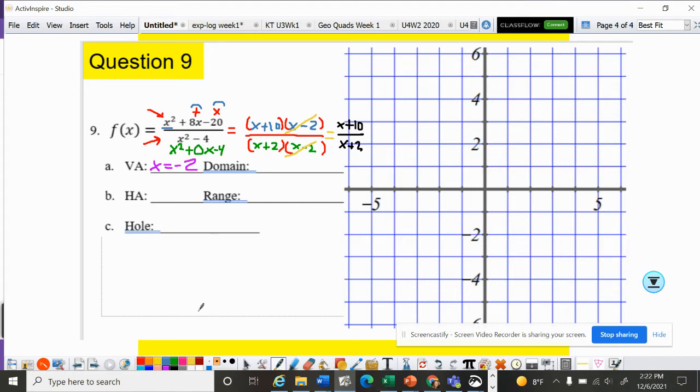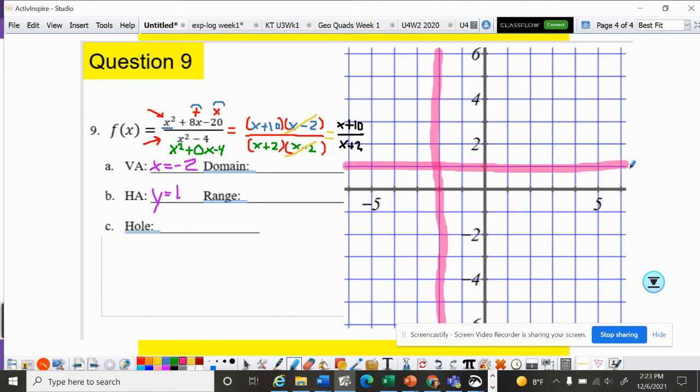So then I'm going to go ahead and draw that in with my highlighter, negative 2. Then I'm going to get my horizontal asymptote, so I can see that the degree of the top is 1 and the degree of the bottom is 1, and then their coefficients are both 1. So 1 divided by 1 means that my horizontal asymptote is at 1. So I can go ahead and add that in.